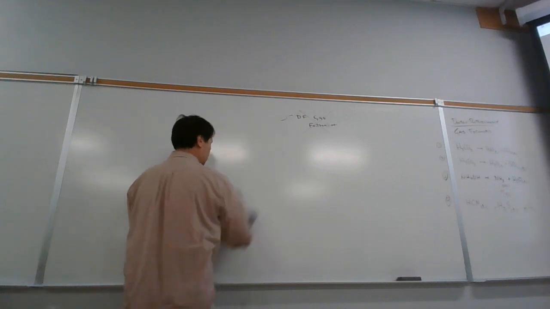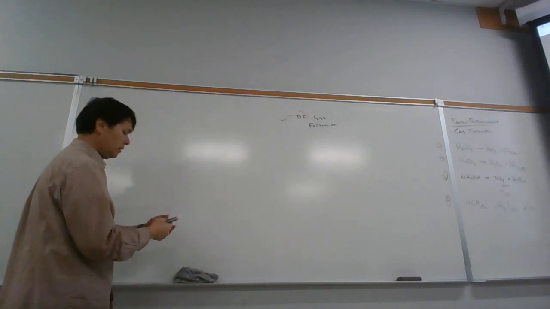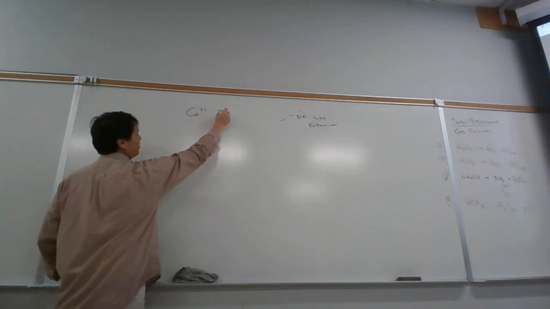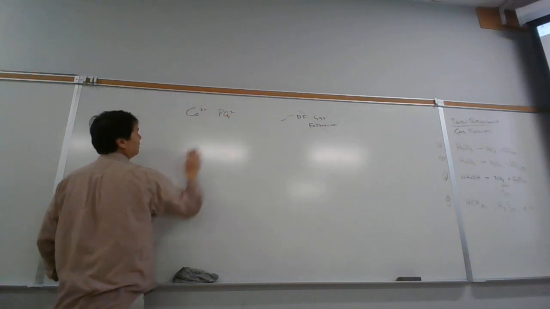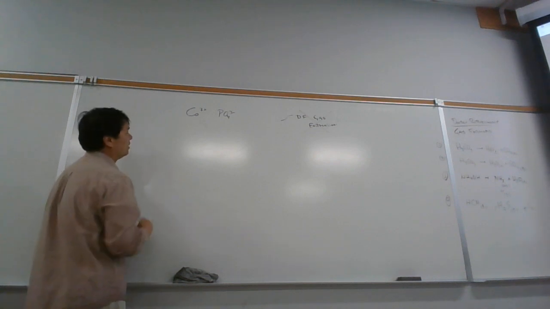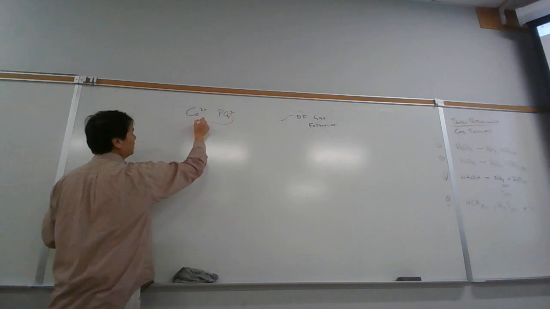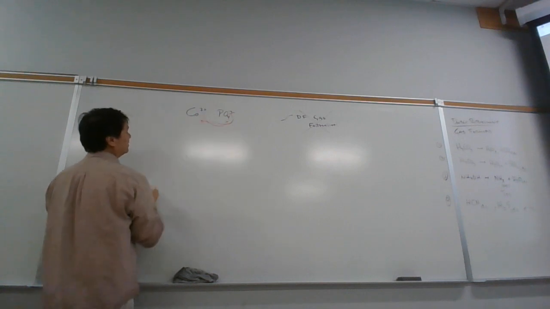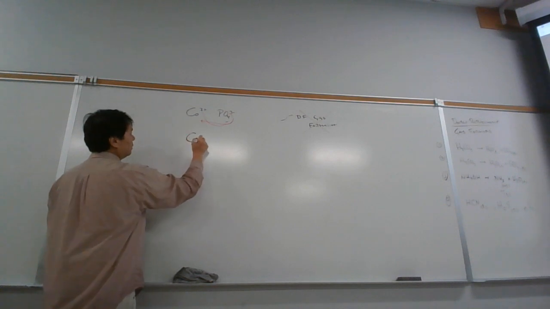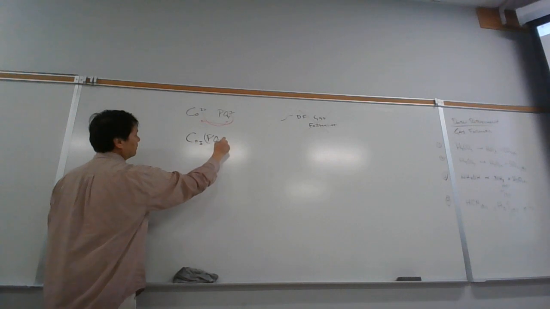So if we're forming cobalt 2 phosphate, I just look at how many cobalt 2s I need for each phosphate. This often works as a quick way of doing it. We just use these as a subscript here. And so I'll need 3 cobalt and 2 phosphates.